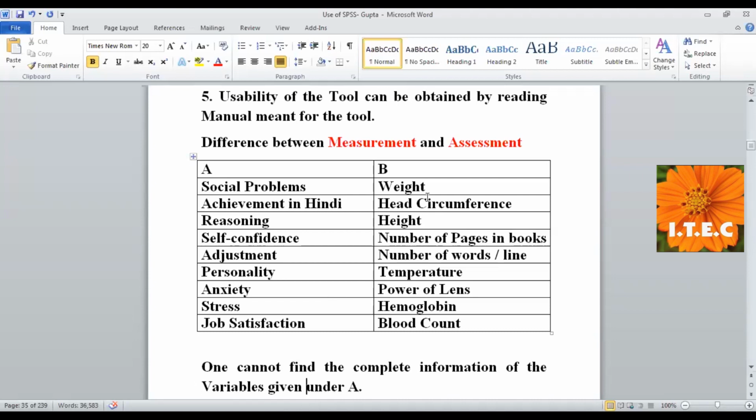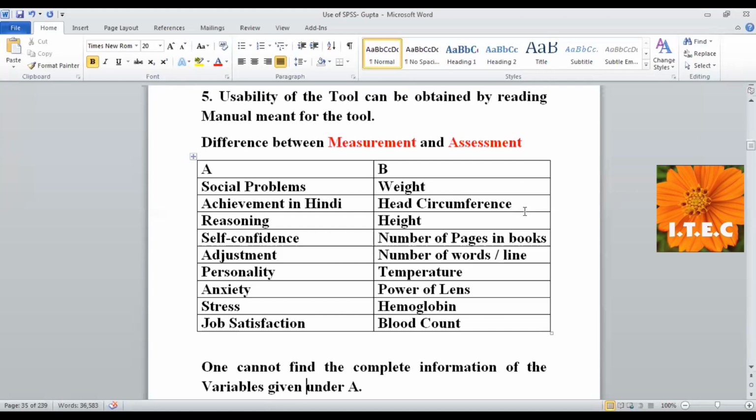But you can always find out the complete weight of the person at that point of time. If you stand on the weighing machine and the weighing machine gives 65, then it means on that day, at that point of time, your complete weight was 65 kg.